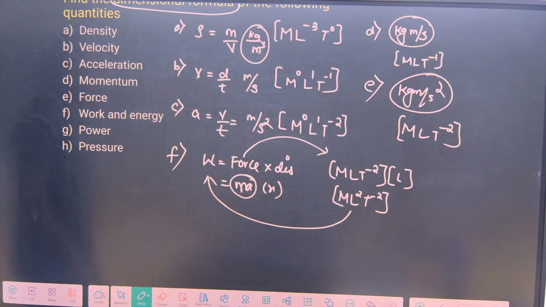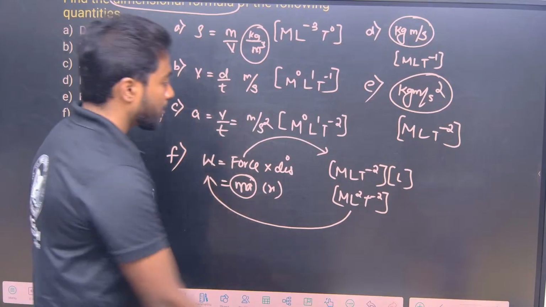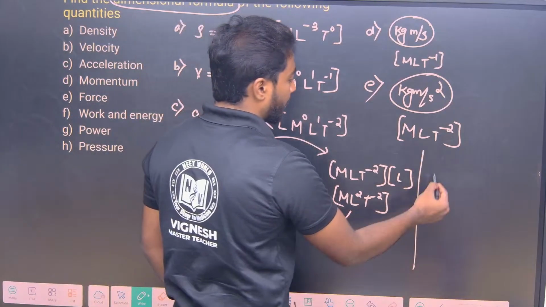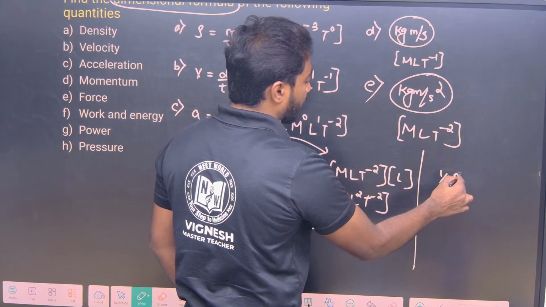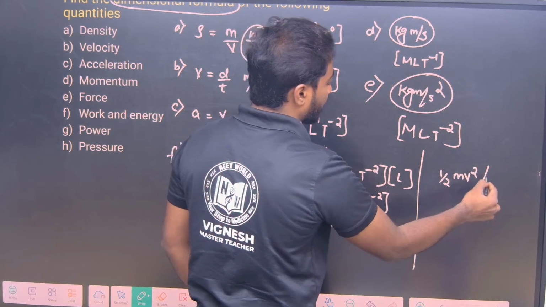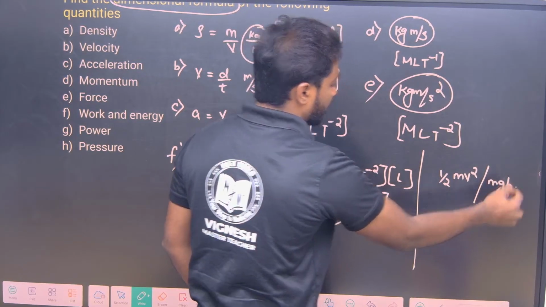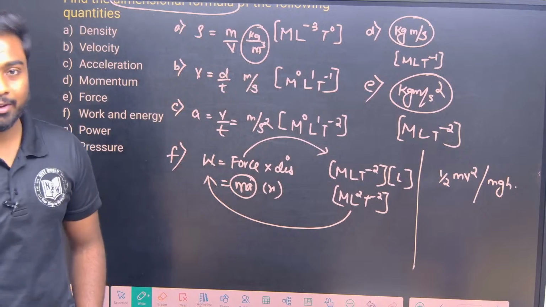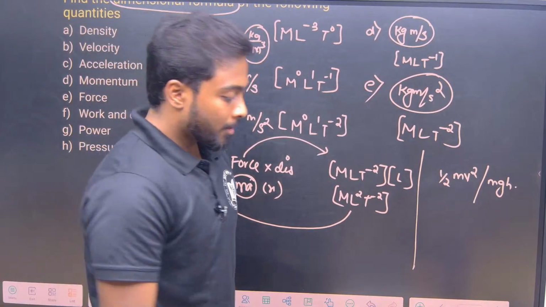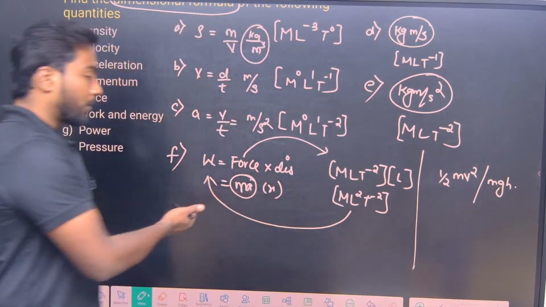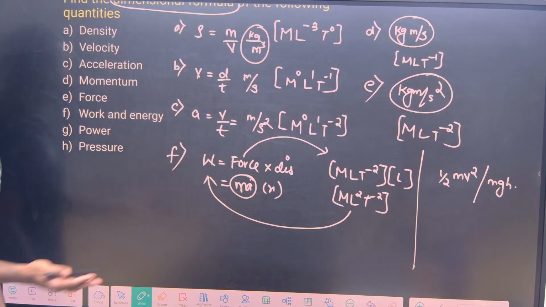Then what about energy? Energy we have solved, but once again we can take either mv square or mgh, either potential energy or kinetic energy. And work done or energy, both are same only, right?